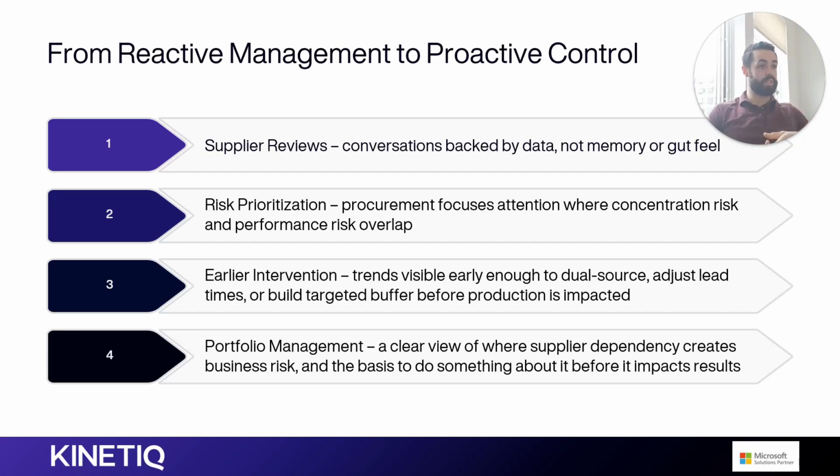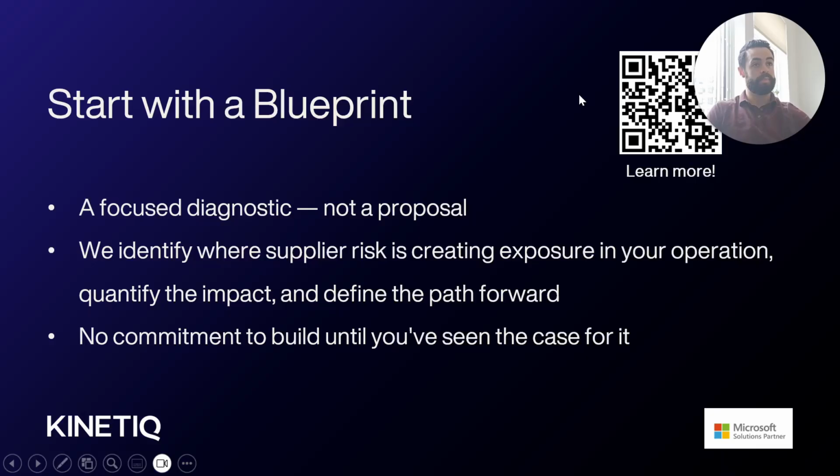You can identify when it's important to dual source, adjust your lead time expectations, or build some safety stock wherever that makes sense. And then you can also have a very clear conversation about your portfolio management and see where your supplier dependency creates business risk, and you have the basis with which to do something about it.